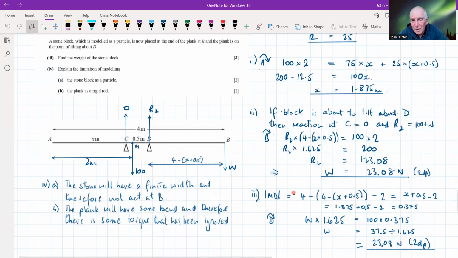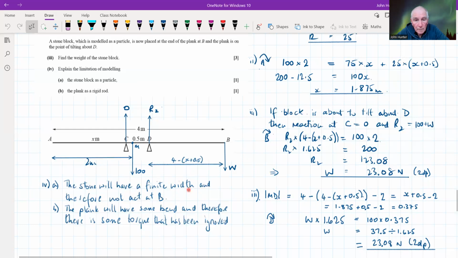So we've got to do a little bit of algebra. I'll not go through the details, but you can pause and satisfy yourself that that is the case. Again, we know what X is. So at this point, we can substitute our 1.875 in, and we get that distance is 0.375. So MD is 0.375 meters.